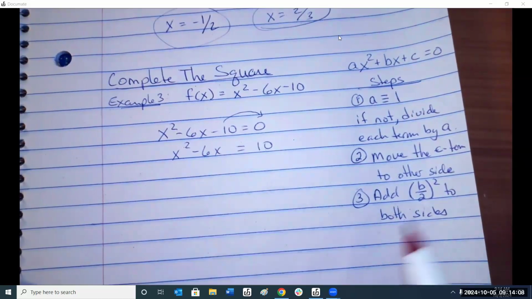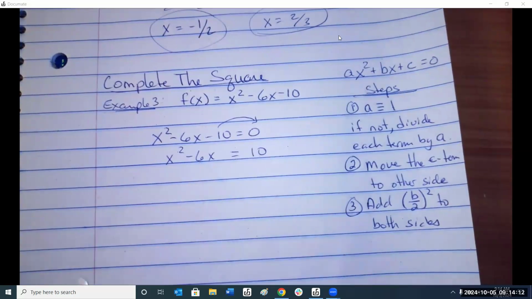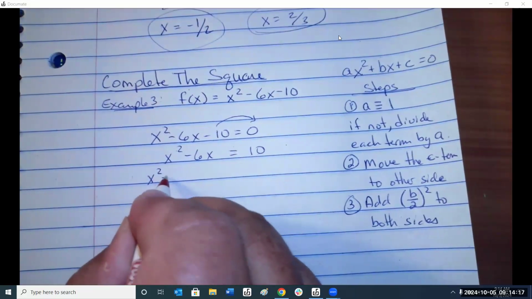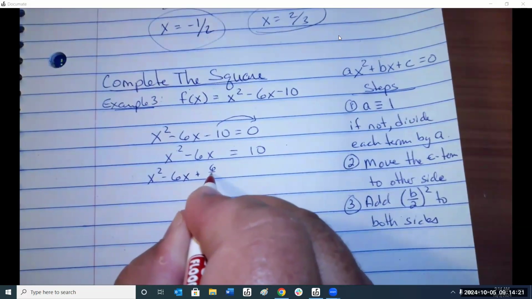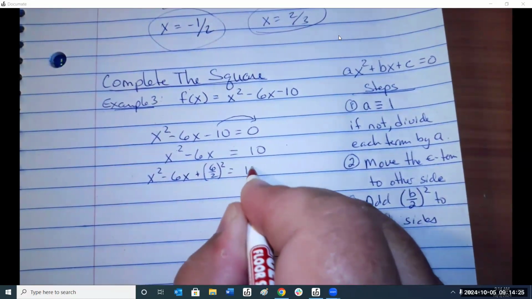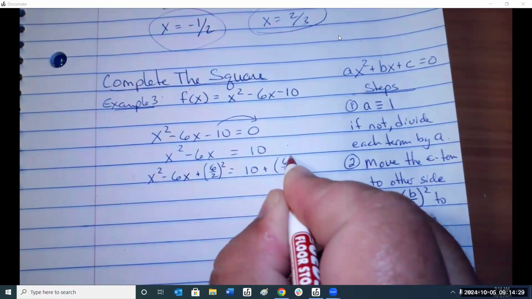So remember, b is whatever's in front of the x. In this case, it's just 6. Not the sign, just the number. So we have x squared minus 6x plus 6 divided by 2 squared. 10 plus 6 divided by 2 squared.